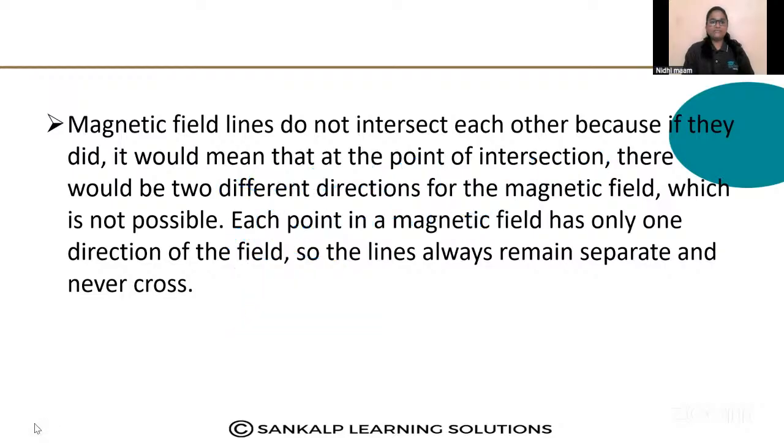Because if they intersect each other, it would mean that at the point of intersection there would be 2 different directions of the magnetic field. See, this is one line, and this is another magnetic line. So here it is crossing, and it shows 2 directions of the magnetic field. It becomes confusing whether the magnetic field is in this direction or that direction, which is actually not possible. Magnetic field lines, or the magnetic field, have only one direction, not 2 directions.